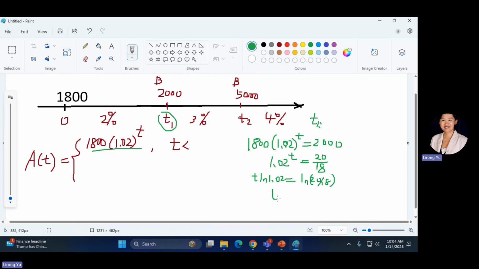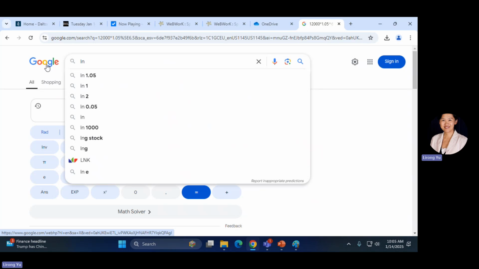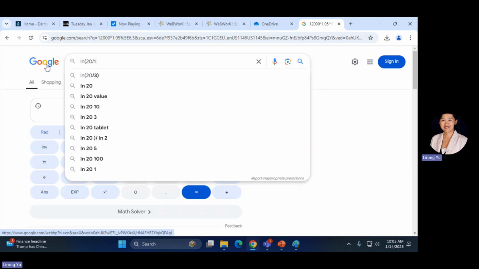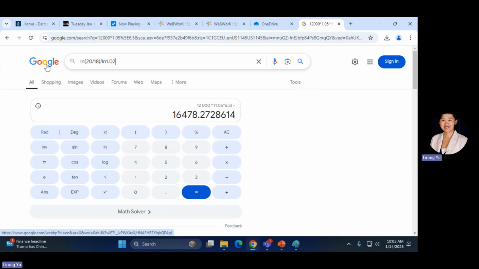To solve for T, it is going to be a division: natural log of 20 over 18, divided by natural log of 1.02.